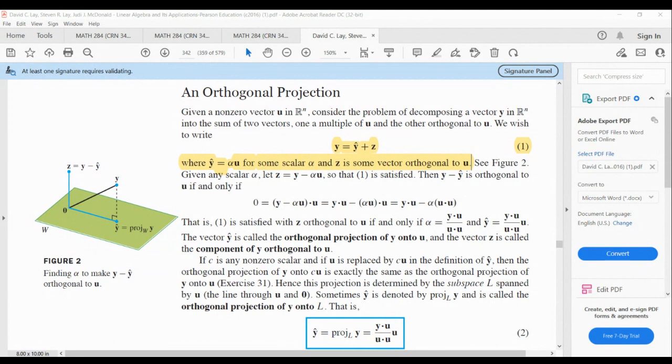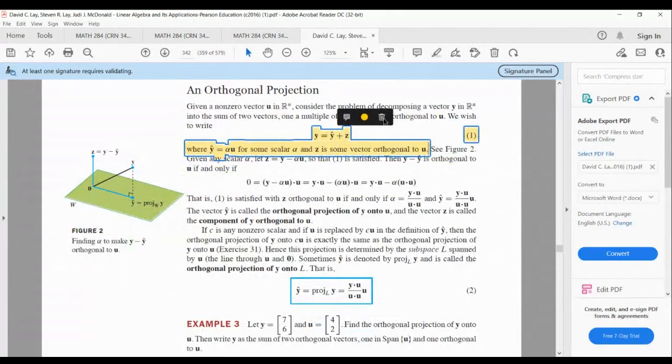And the vector z, which is the difference between the vector y and the vector y hat, is the same vector as that dashed line segment, because vectors are defined by direction and magnitude. So z equals y minus y hat.